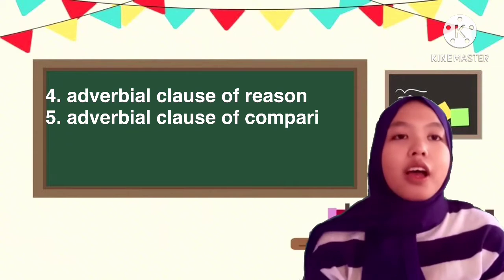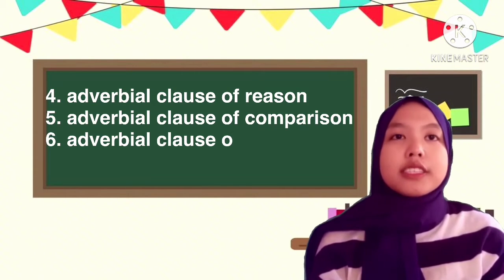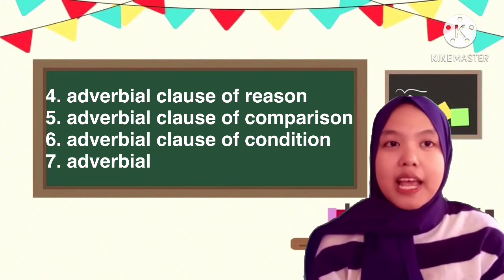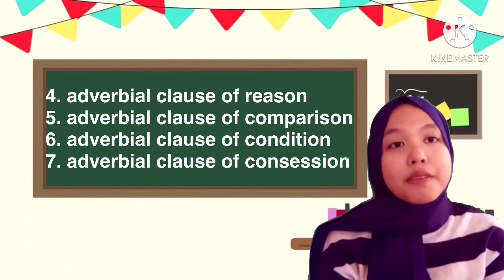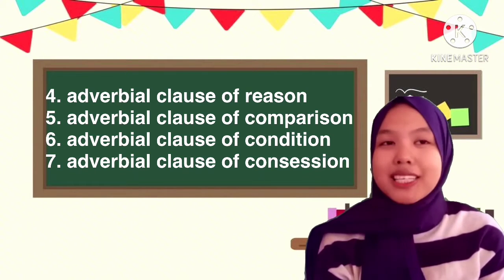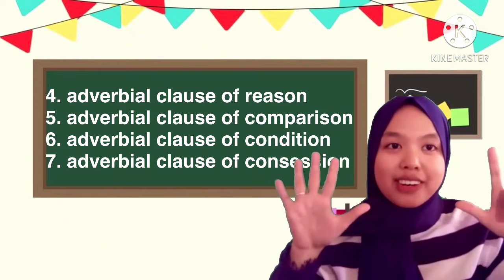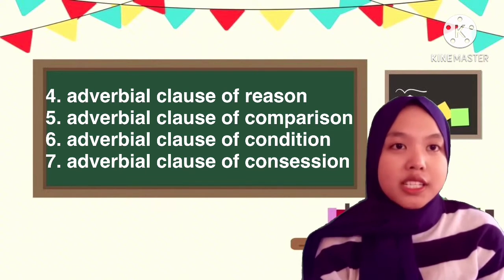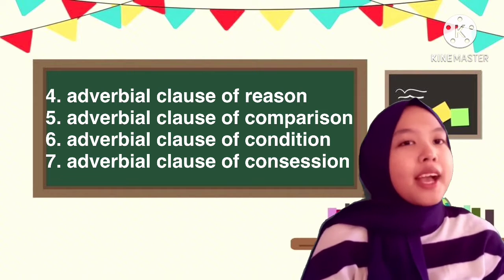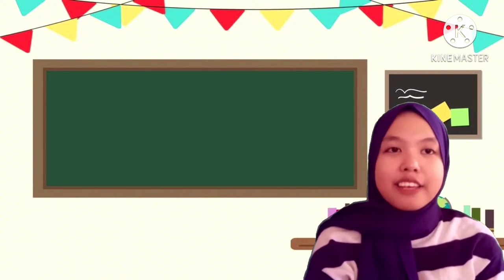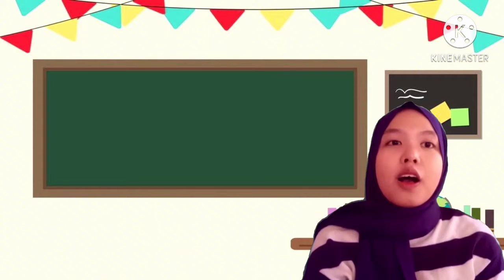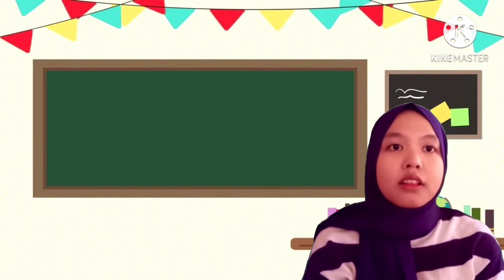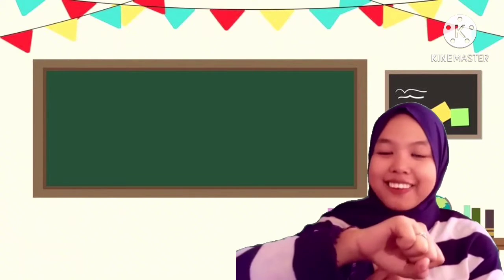Number 5, adverbial clause of comparison. Number 6, adverbial clause of condition. Number 7, adverbial clause of conjunction.